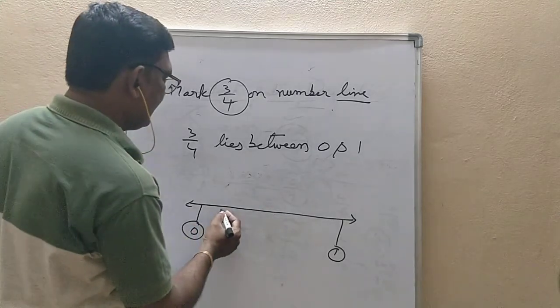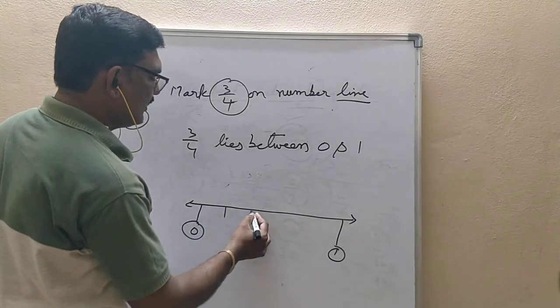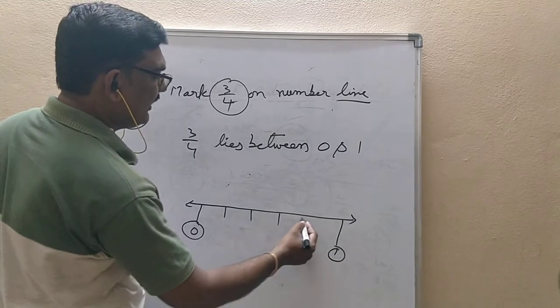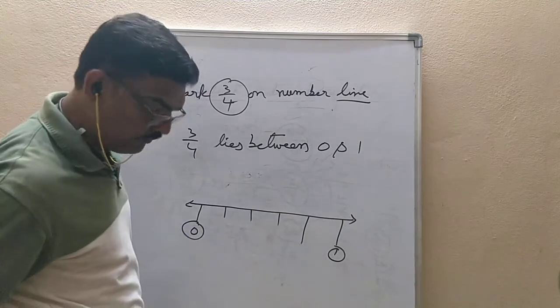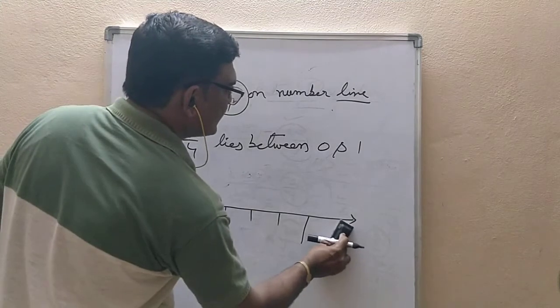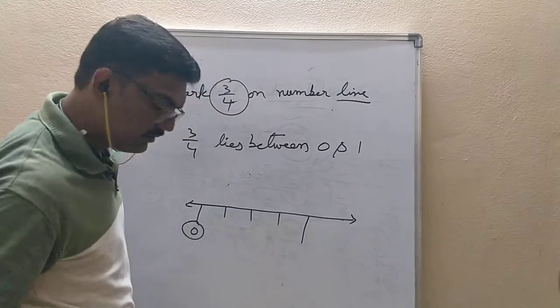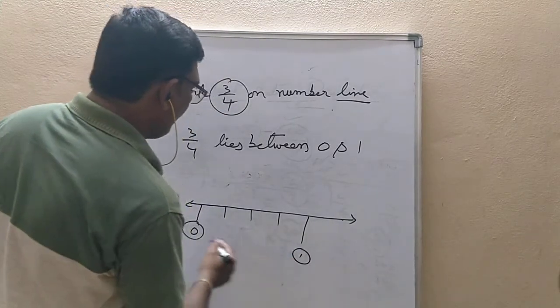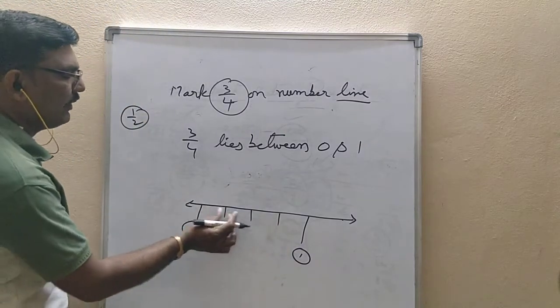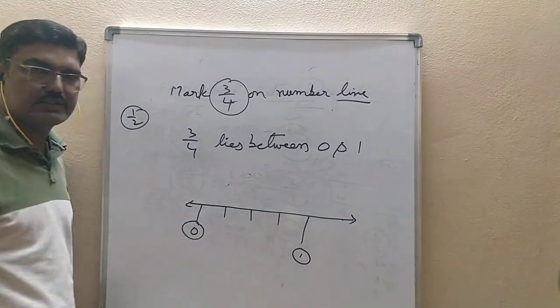So I have to divide into 4 equal parts. Now I am dividing into equal parts: 1, 2, 3, 4. So I divided 0 and 1 into 4 equal parts. 1 equal part, 2, 3, 4 equal parts.